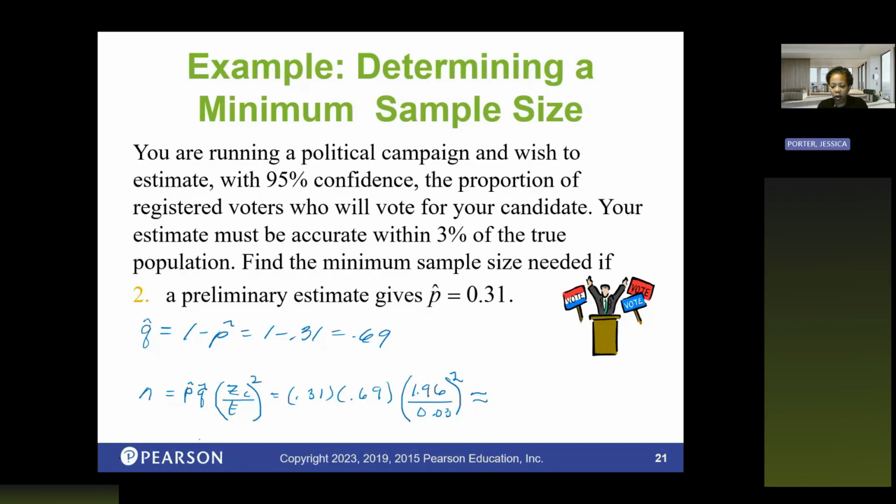What do you get when you multiply? 913.02. And so we're going to round up to 914 because we're talking about people, and that is discrete. So the minimum sample size we need is 914 voters.